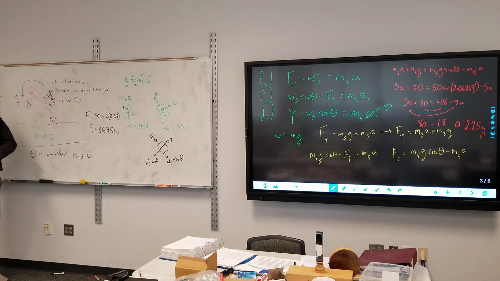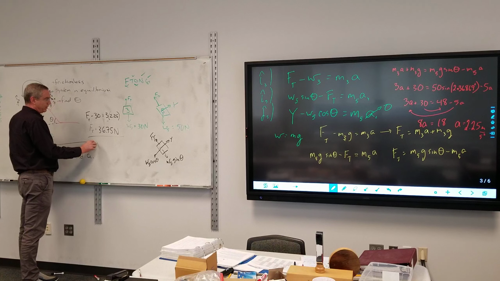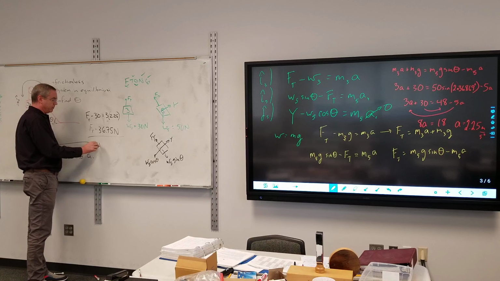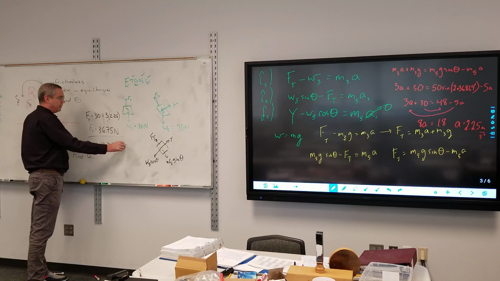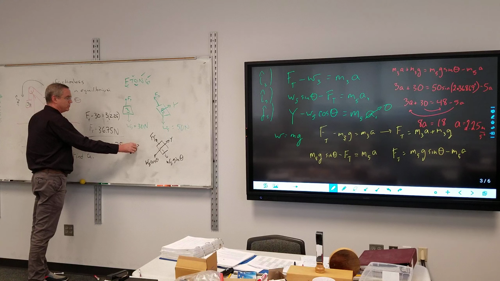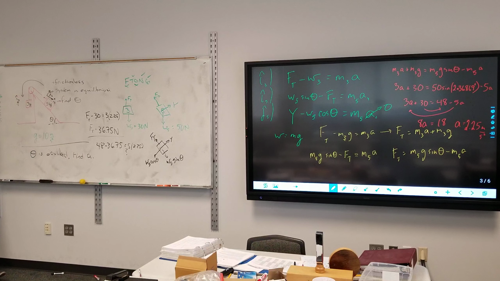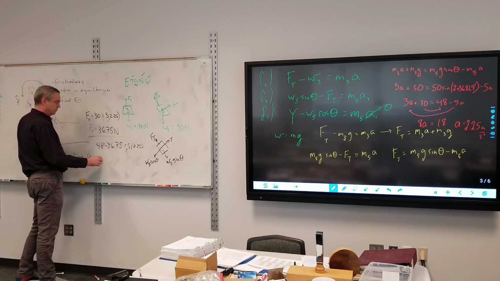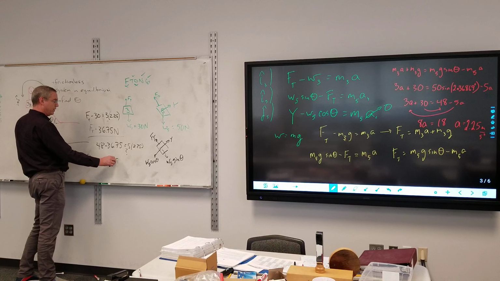And if you really want to double check yourself, that second equation, we had W5 sine theta, which we calculated was 48, minus 36.75 equals 5 times 2.25, I guess a question mark. So if that works. So that's 11.25.